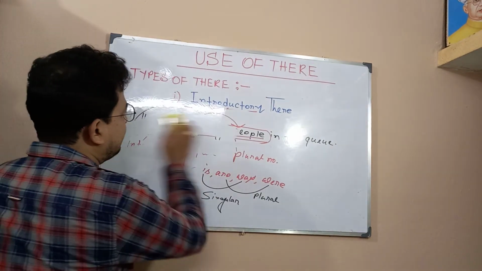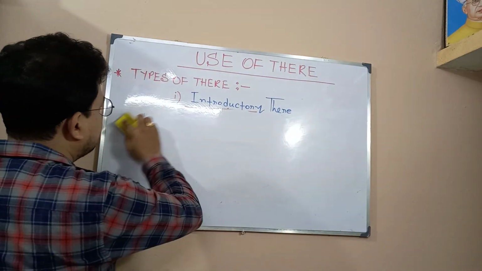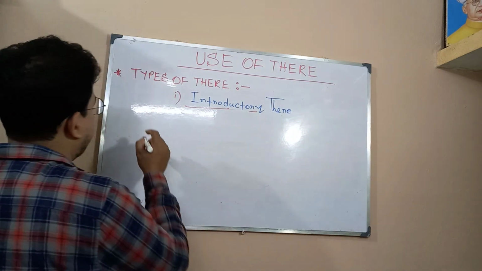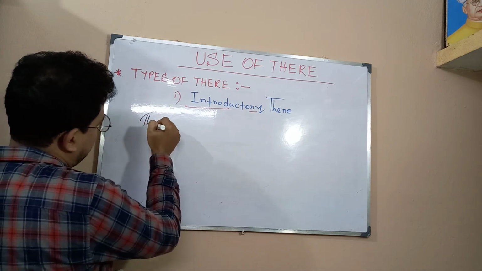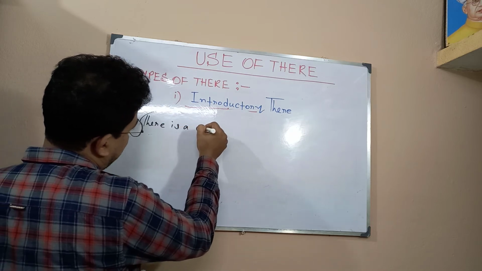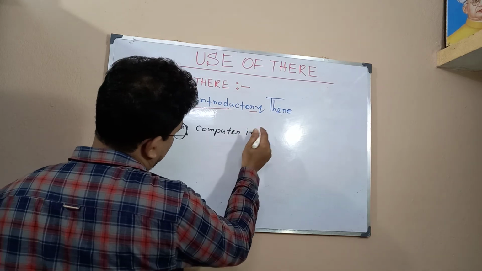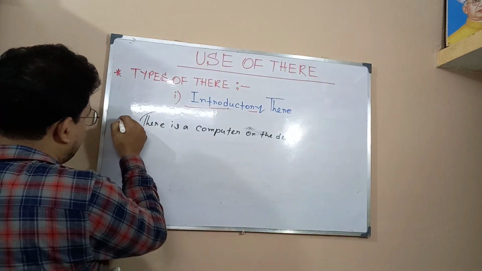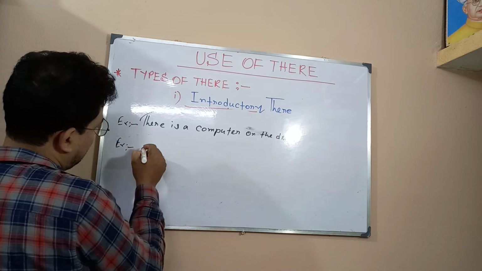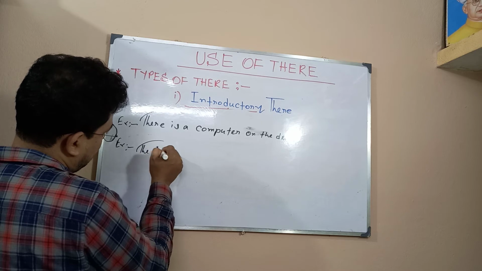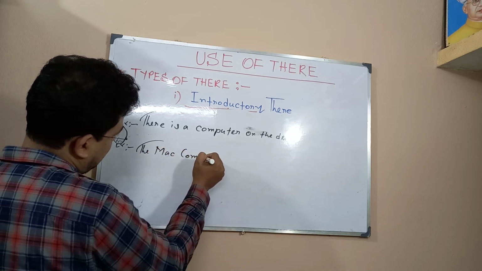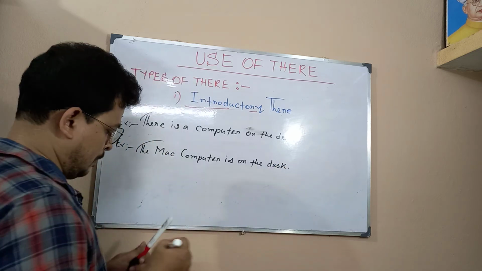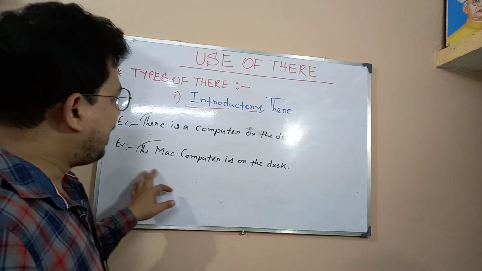Example: you can see here, there is a computer on the desk. The Mac computer is on the desk.